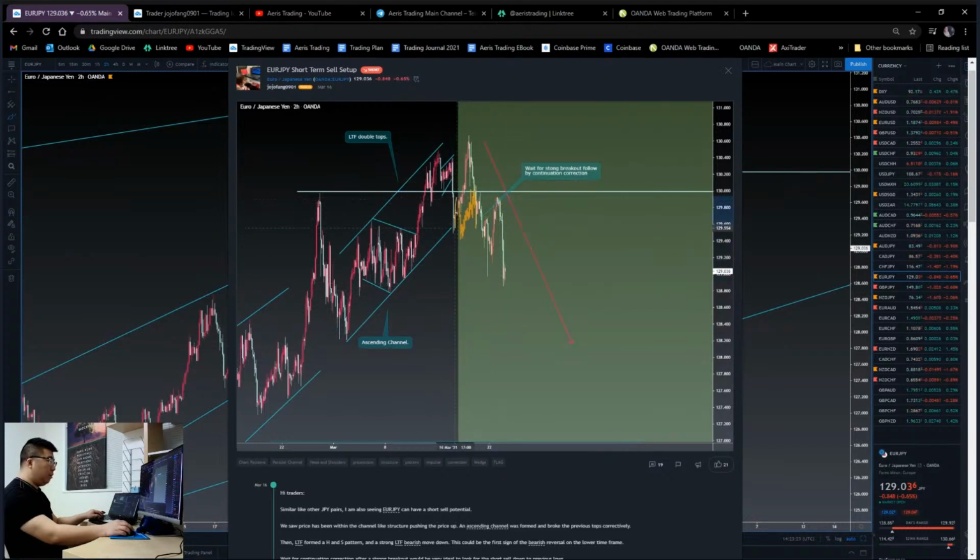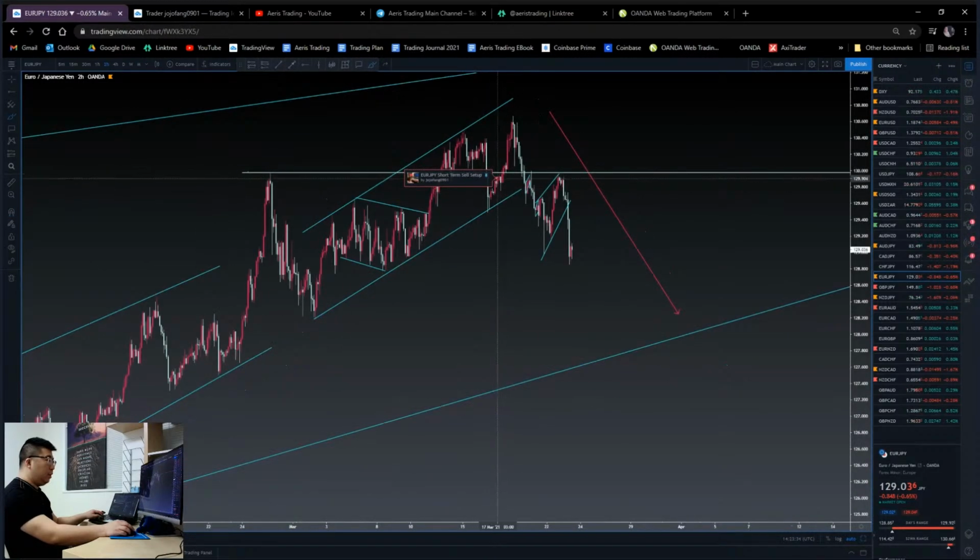So this move that didn't break out, what we get here is really the same thing as every other yen pair that we're going to see: we have that FOMC volatility pushing the price up, but pretty much what it does is just form a double top here, an M style pattern, impulse down, followed by continuation or a push down.